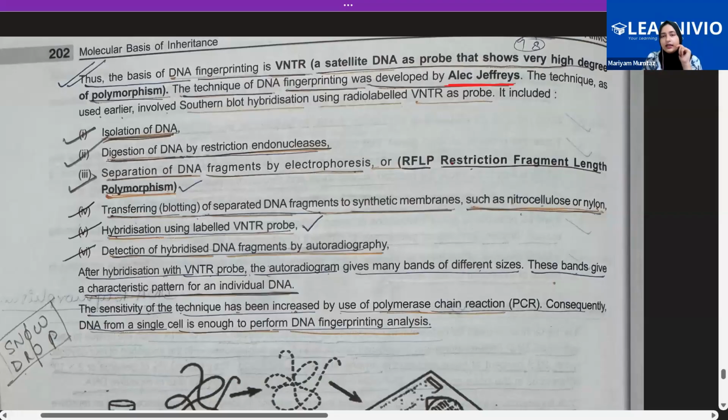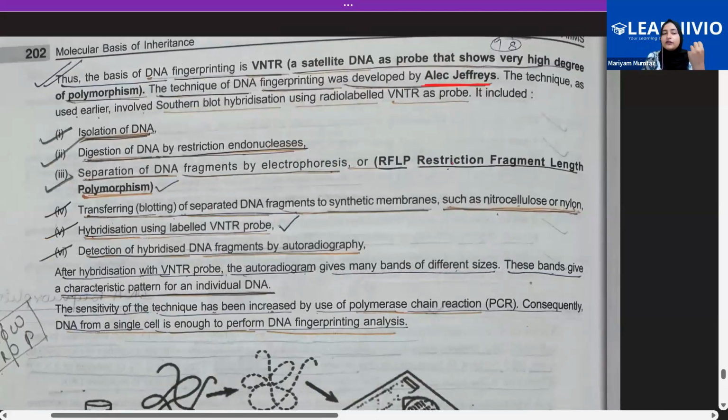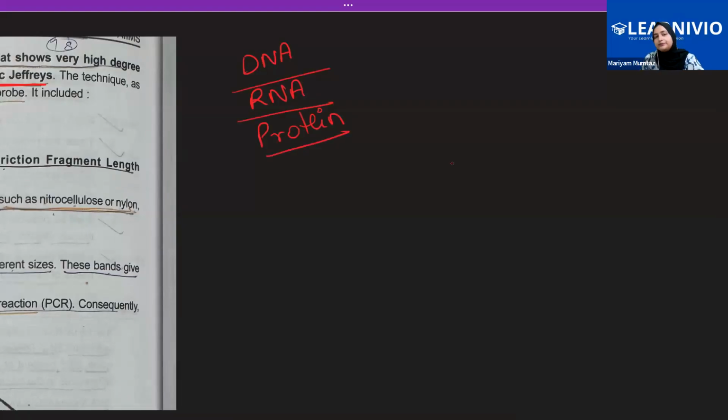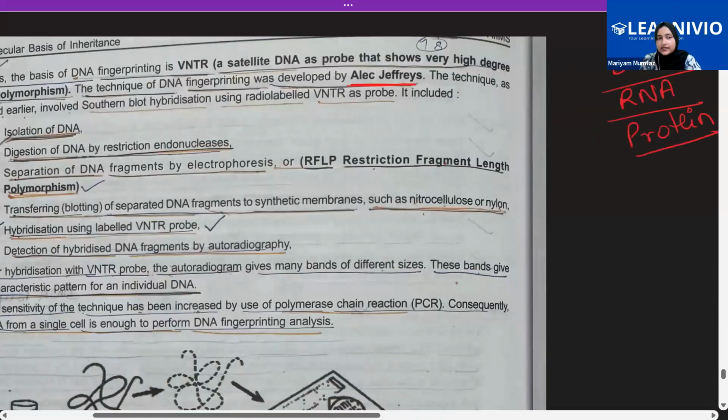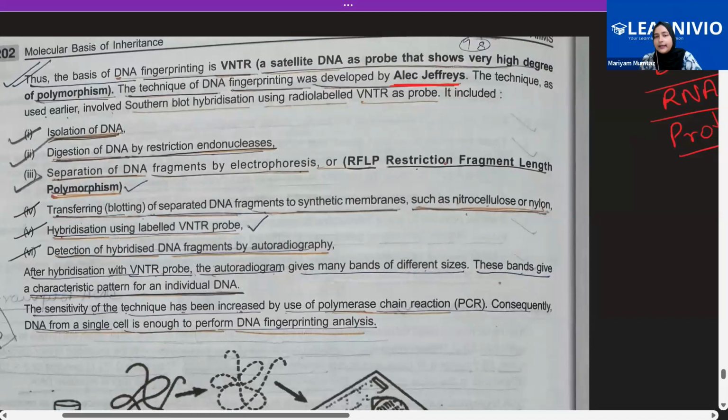Now see students, for identifying or separating, what are all the biomolecules you can think of? You can think of DNA, RNA, and protein, right? For the separation or identification of these different biomolecules, what do we do?